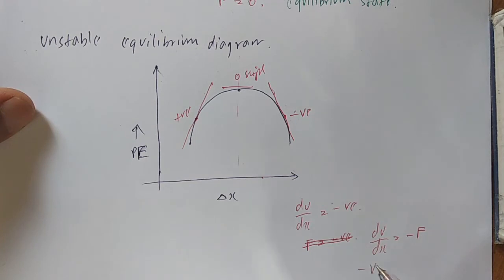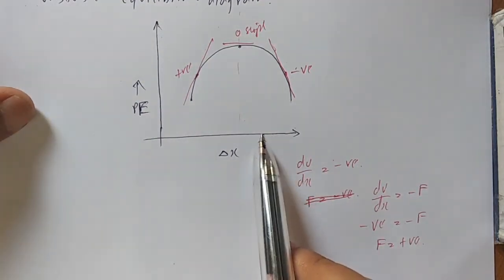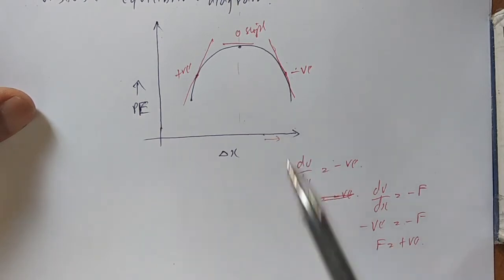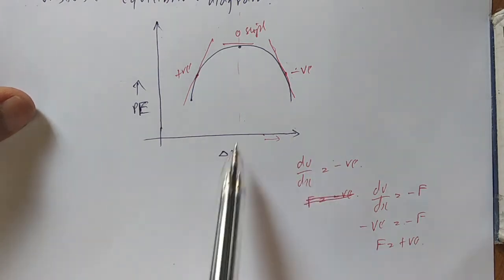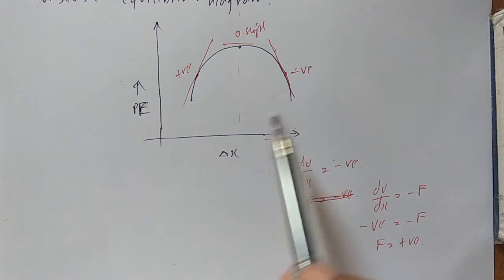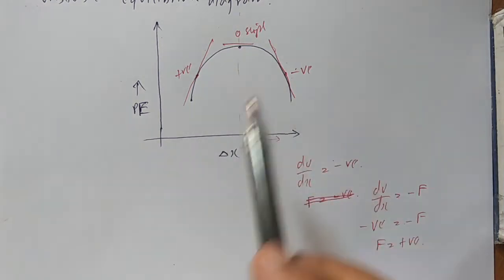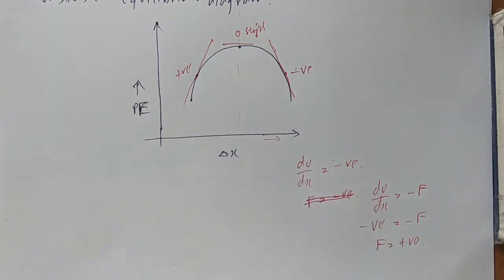This is negative, so the force is overall coming out to be positive, which means when x is positive in this direction, the force is also coming out to be positive. So this has an unstable nature. When you are trying to disturb the system in the positive direction, the force is acting in the same direction as that disturbance, which means the system will try to be unstable.